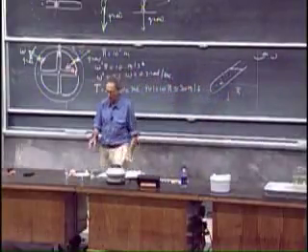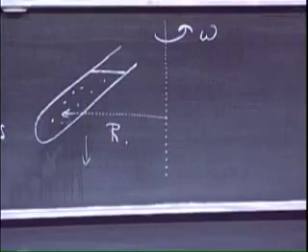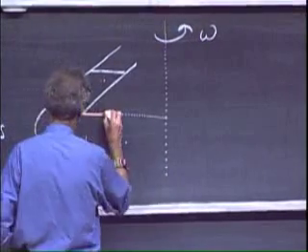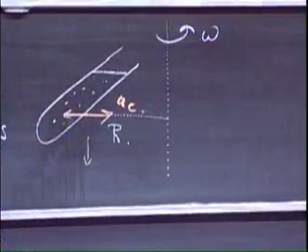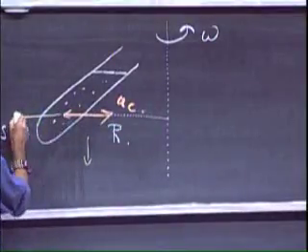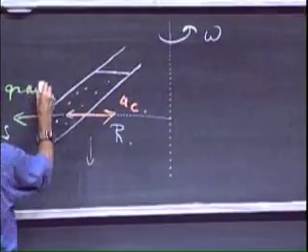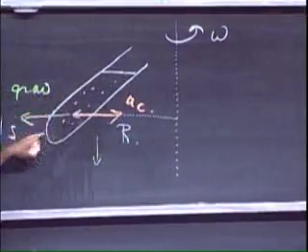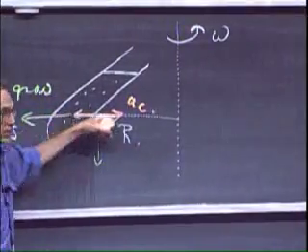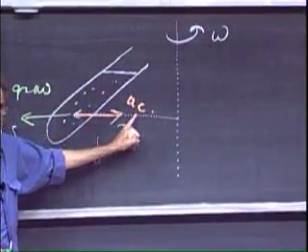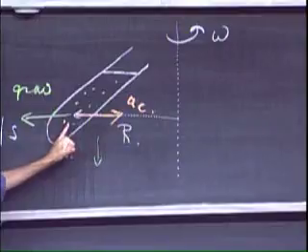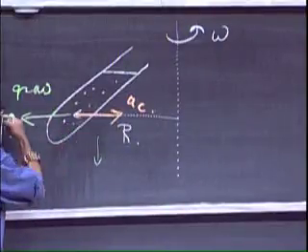Therefore, there is now a centripetal acceleration in this direction. And so the particles now say, aha, gravity is in this direction. This side of the glass and the liquid is pushing in this direction to provide this centripetal acceleration. So if you ask them where is gravity, they will say gravity is there.